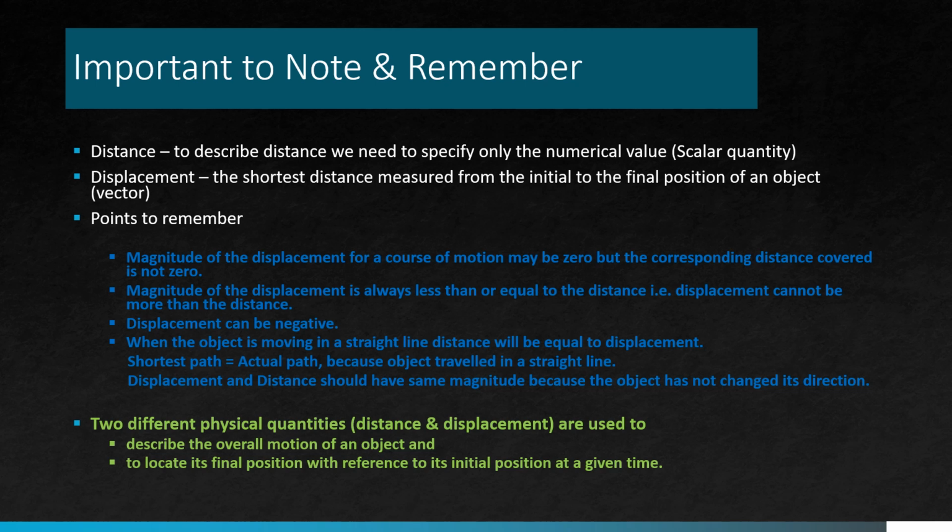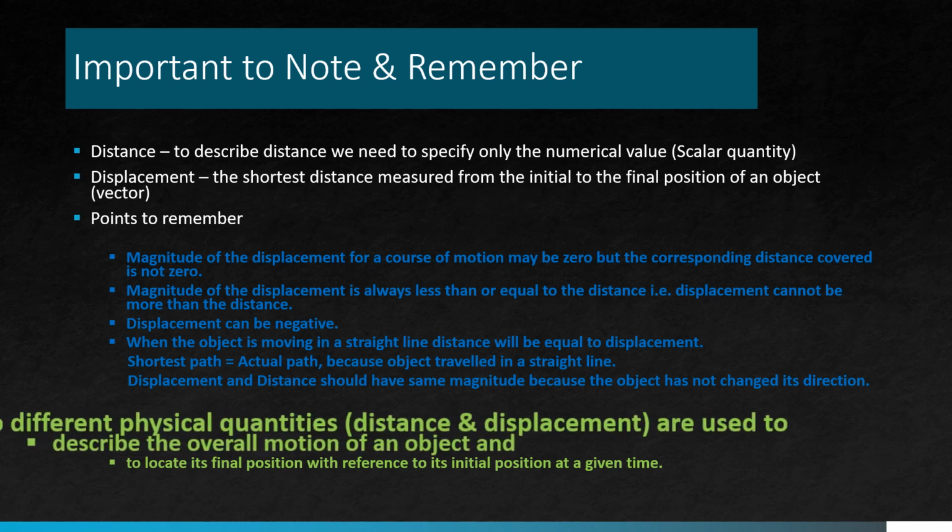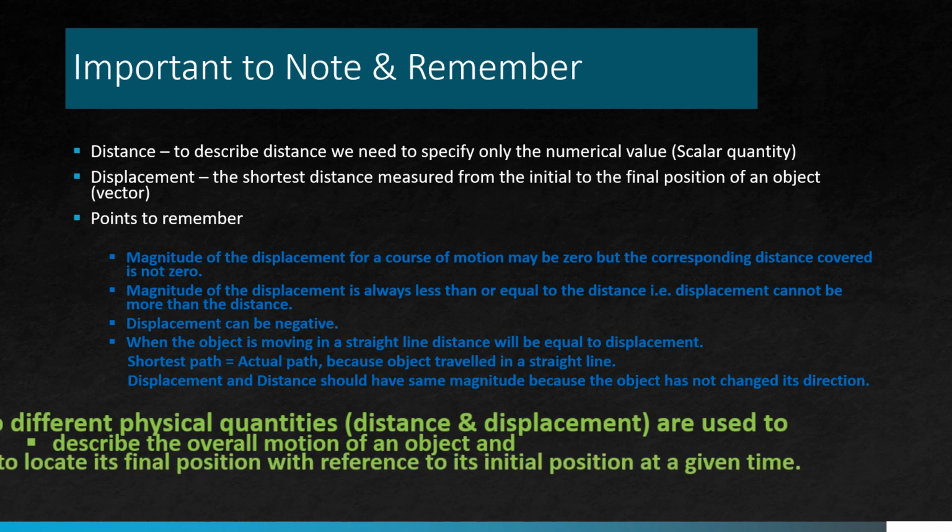Now, the gist of the entire distance and displacement thing that we have studied is that both these physical quantities, which are two different quantities, are important to describe the overall motion of the object and to locate its final position with reference to its initial position at a given time. मतलब distance and displacement ये दोनों अलग quantities हैं और दोनों ही important होते हैं किसी भी object के motion को describe करने के लिए और उसकी position बताने के लिए with reference to its initial position at any particular given time.